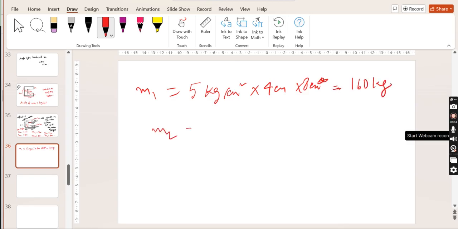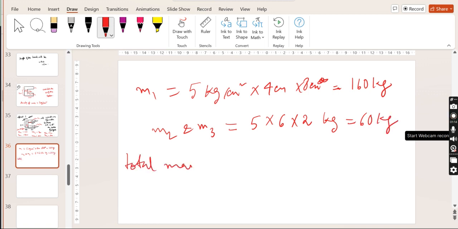M2 and M3 are symmetric, right? So that will be 5 into 6 into 2, that is 60 kg. So total mass will be 160 plus 60 plus 60, that is 280 kg.